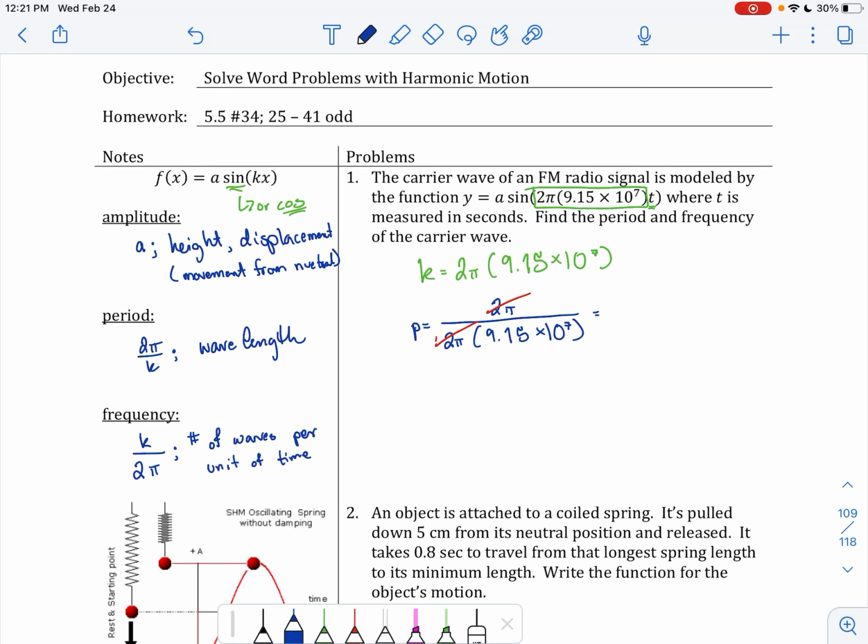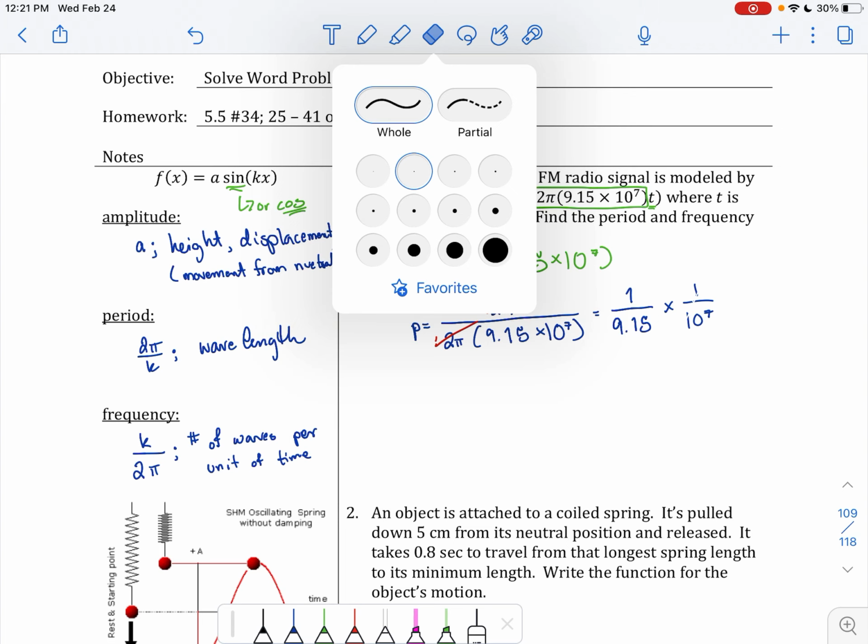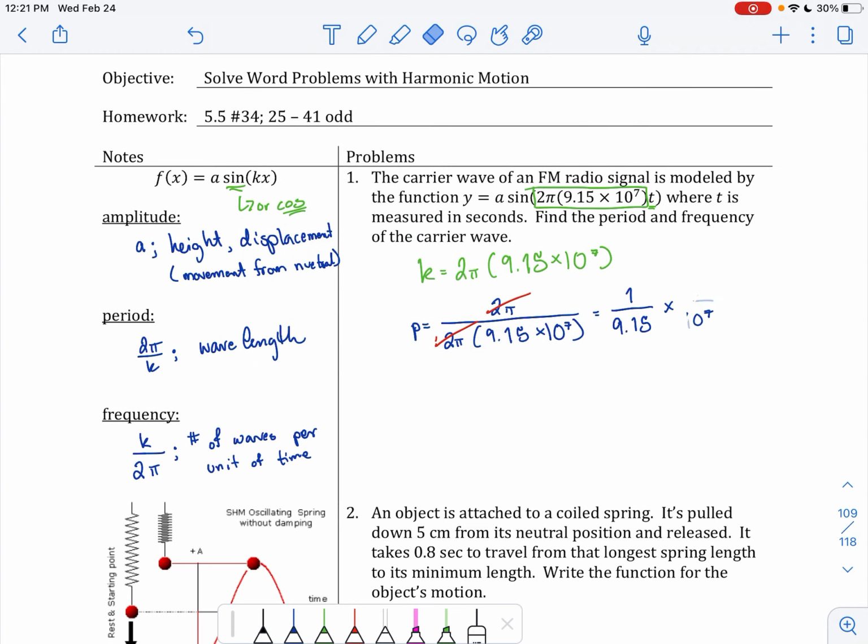Since this is scientific notation, I can think about this separately as 1 over 9.15 times 1 over 10 to the 7th, which I'm going to rewrite as 10 to the negative 7th.